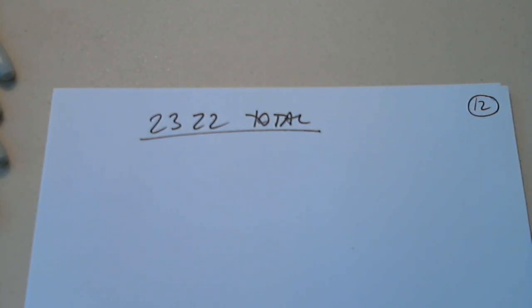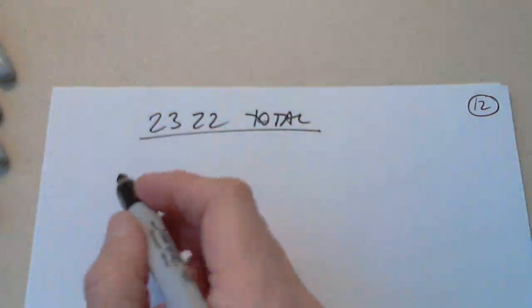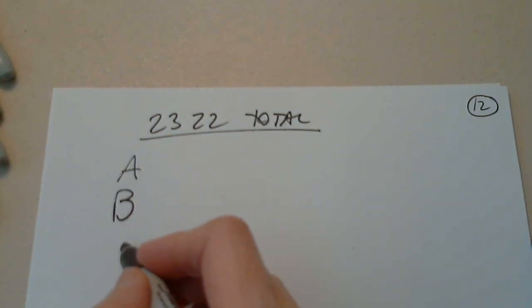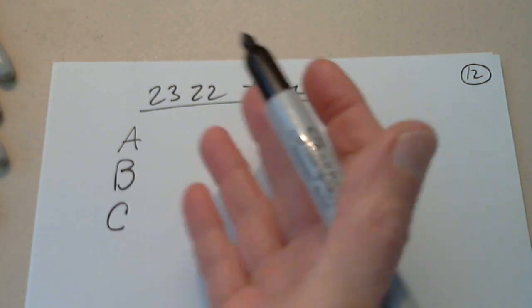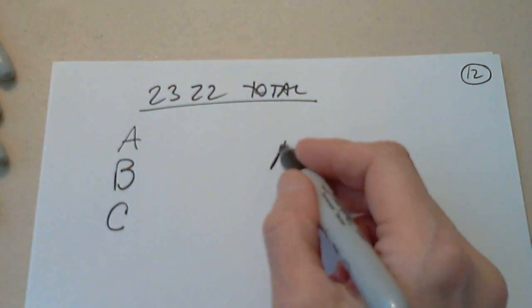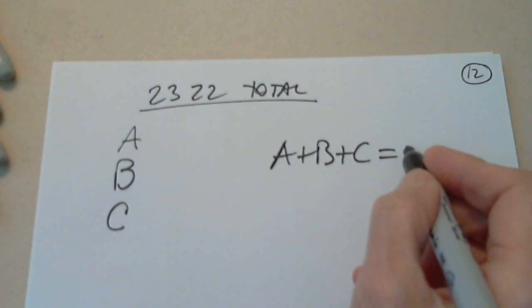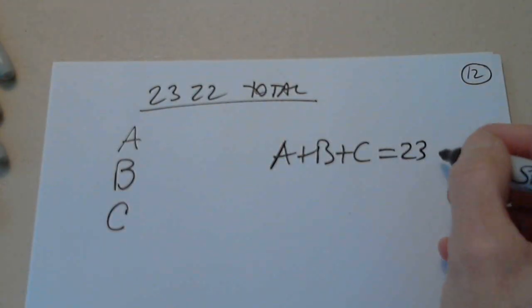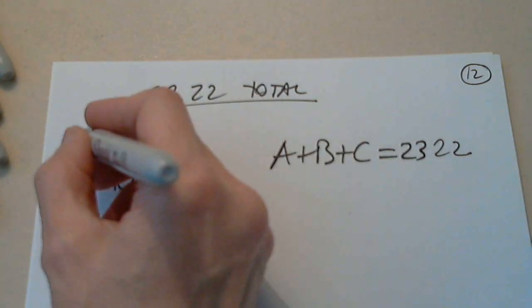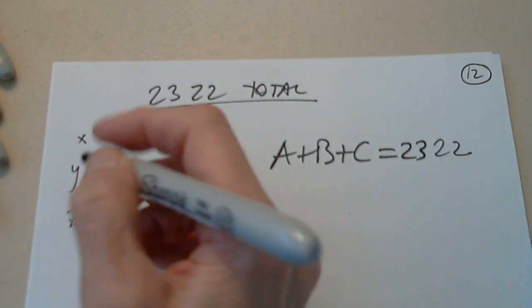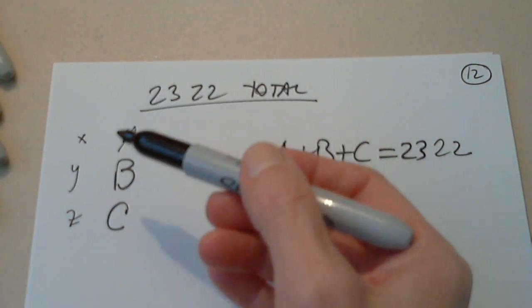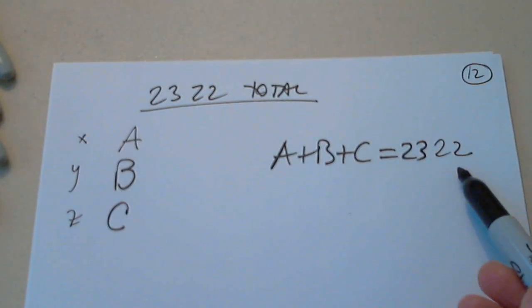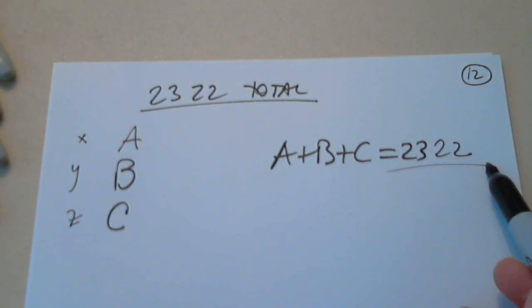So we have person A, person B, person C. Number of votes for person, we can use A, B, C and just say A plus B plus C equals 2,322, or just use X, Y, and Z. It doesn't matter. This must be the total.